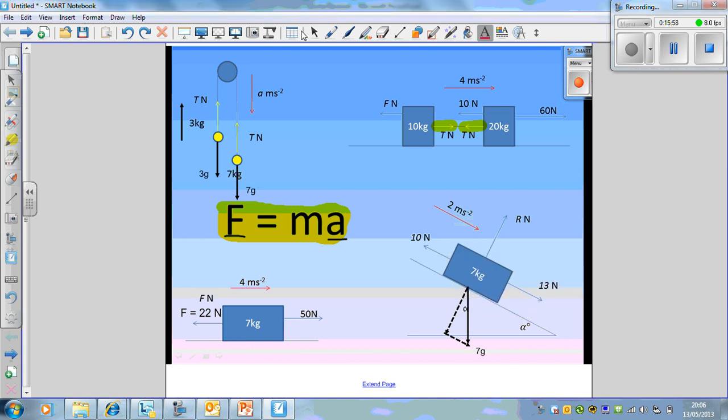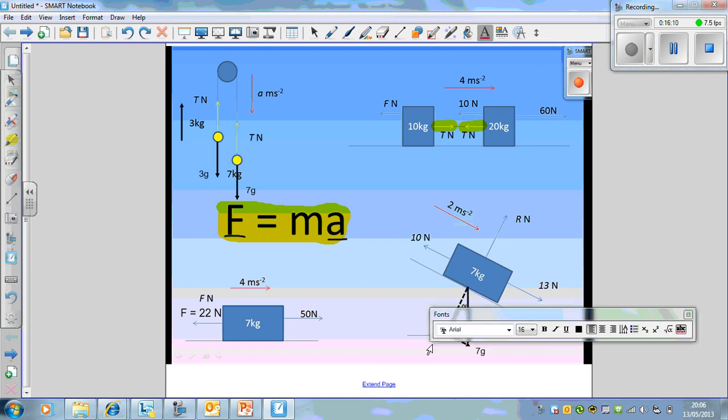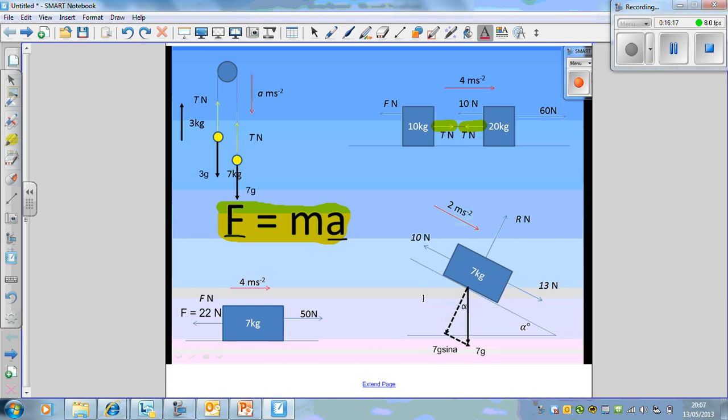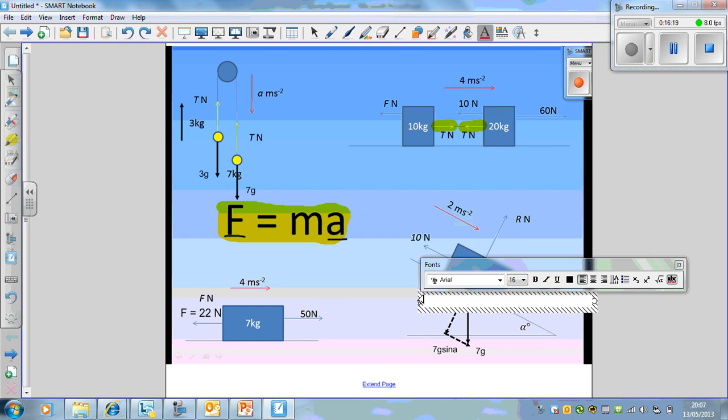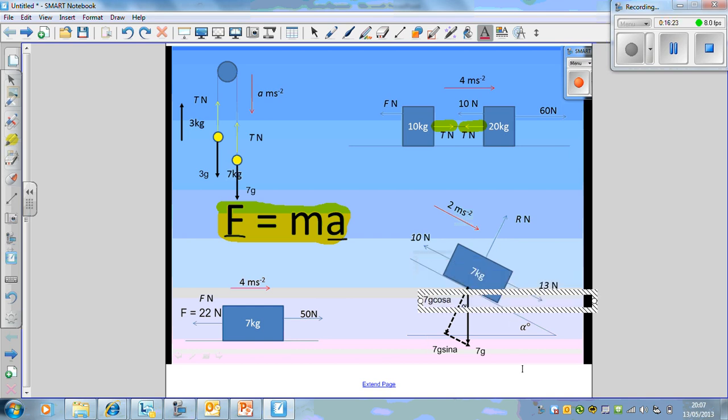That angle there is alpha. There we go. Move that up. That angle there is alpha, which means that I'm going to use A for this, because otherwise that one there is going to be 7g sine A. And this force here, this part here, is going to be 7g cos A.